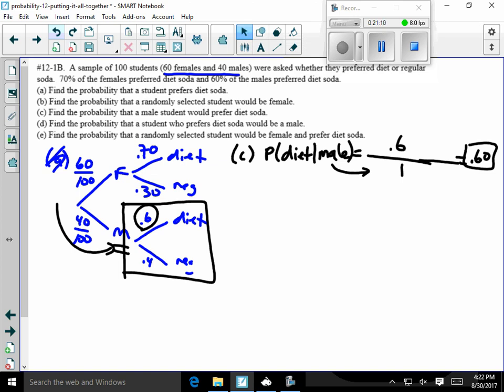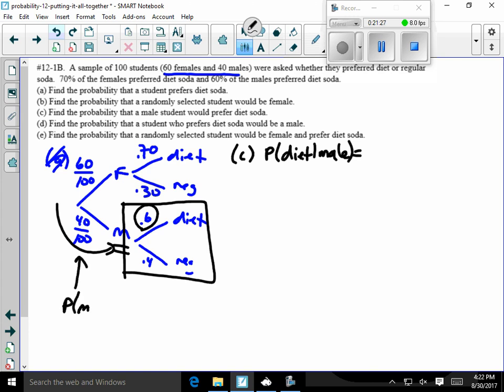Okay, so another way to think of it is that a conditional probability may just be a section of the tree. Another way to think of it, maybe even a better way, would be to say this probability right here would be labeled the probability of being a male, and this probability right there would be labeled the probability of liking diet given that we are a male, and that's exactly what we're being asked to find. So it's just that 0.6 directly from the tree.